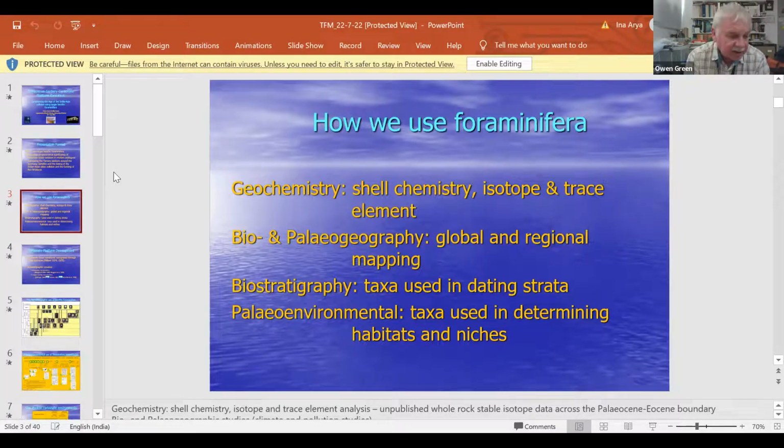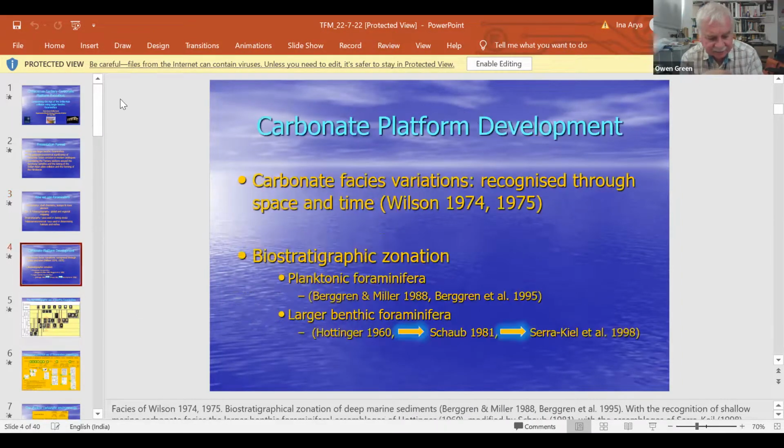Then in biostratigraphy, that's probably where they've been historically used. Taxa can be used for dating strata. And then paleoenvironmentally, they can be used for determining the habitats, either the microhabitats, macrohabitats, and the niches in which they occur. Okay, let's go on to the next slide, please.